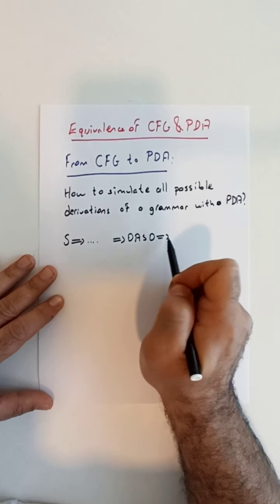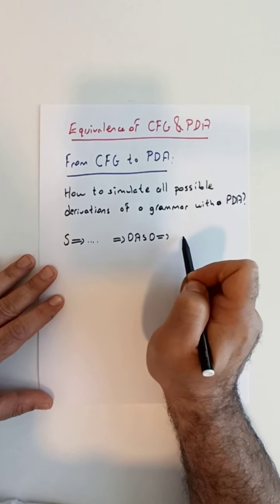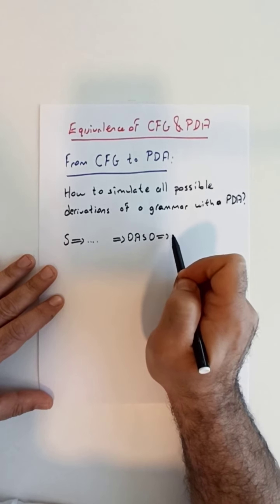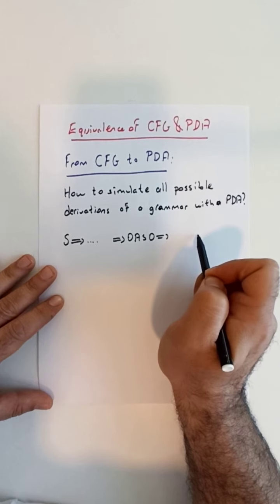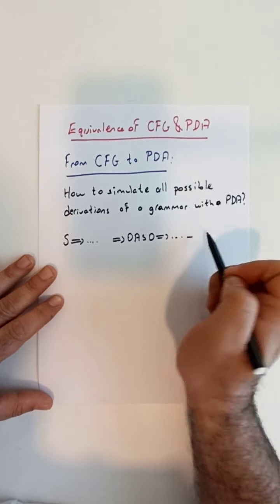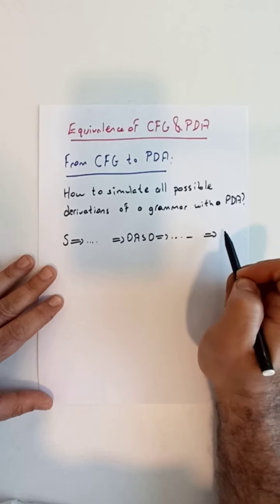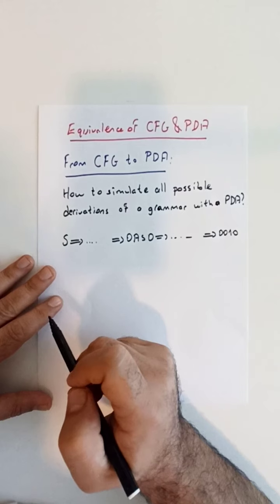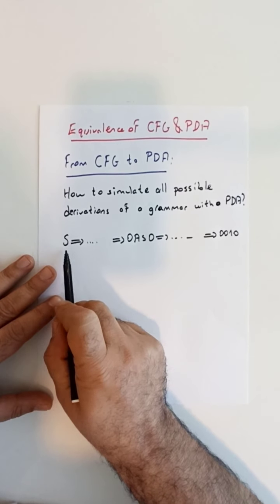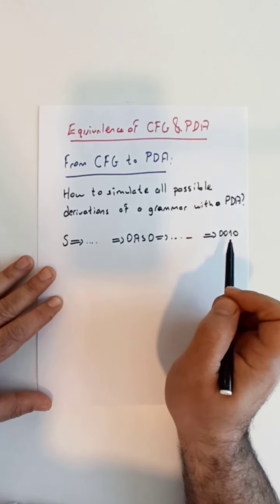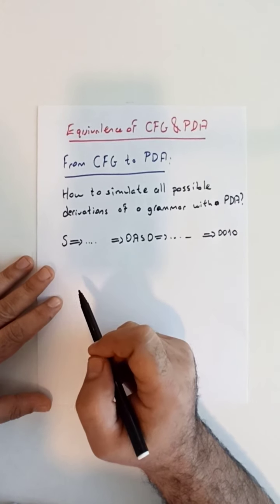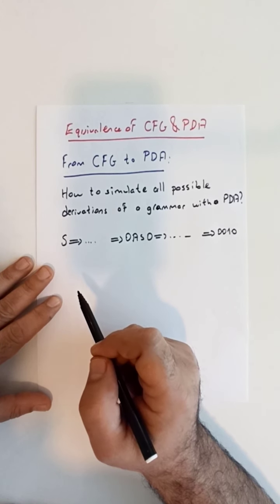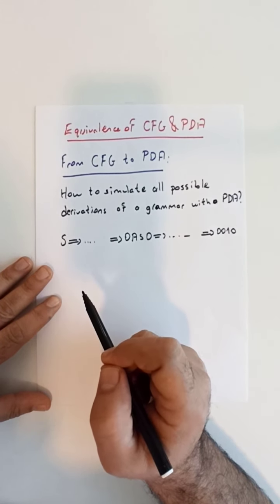Next we can expand this variable A, and instead of that A, we write the string corresponding to the right-hand side rule of A. So it would be 0, that string, followed by S followed by 0, and then we do another step and so on. And at the end of our derivation sequence, we could arrive at our string, let's say 0010. Note that there may be many different derivations that lead to this string, even if we use leftmost derivations, especially if the given grammar is ambiguous.